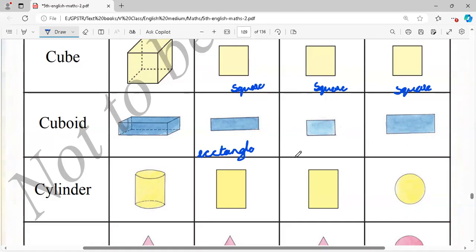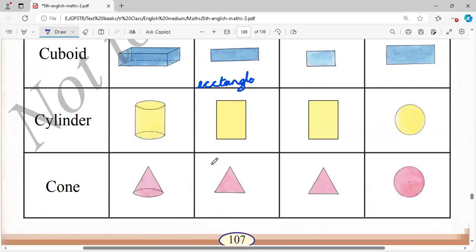In all three views, the cuboid looks like a rectangle. Cylinder: in the front view or elevation, it looks like a rectangle. Side view: if we see it from the left or right, it looks like a rectangle.